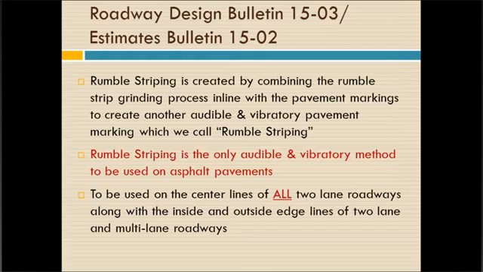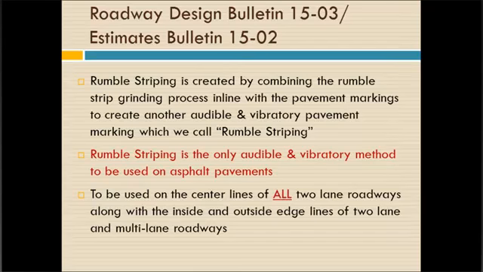Now, rumble striping, we're using it specifically on all asphalt pavements that meet the audible vibratory policy. So where we used to use an audible vibratory marking, which was profile thermoplastic, we're now using rumble striping.